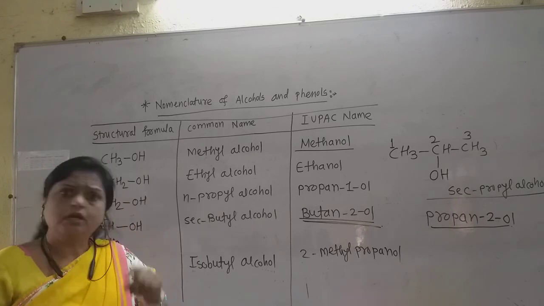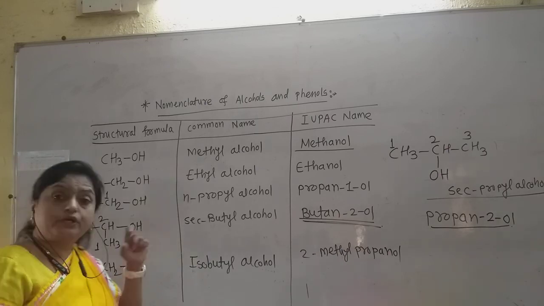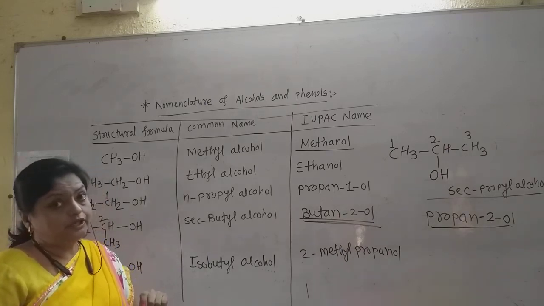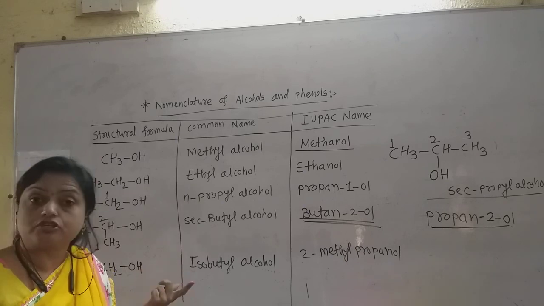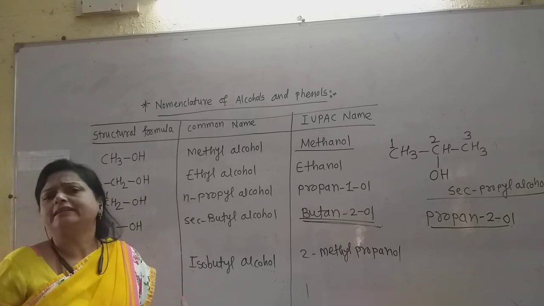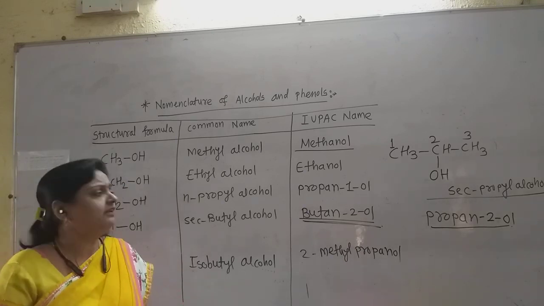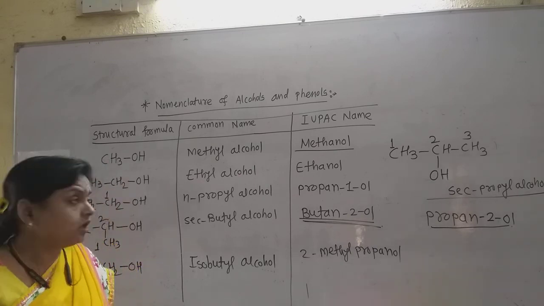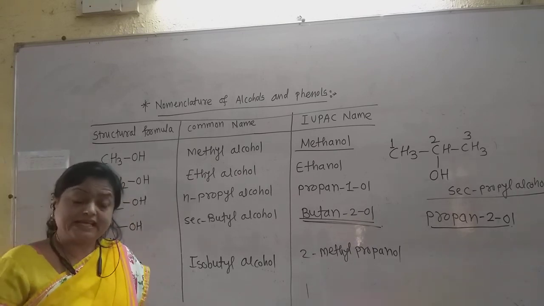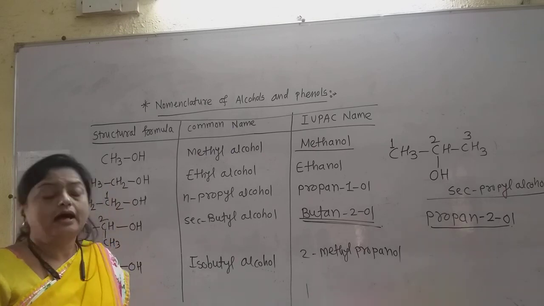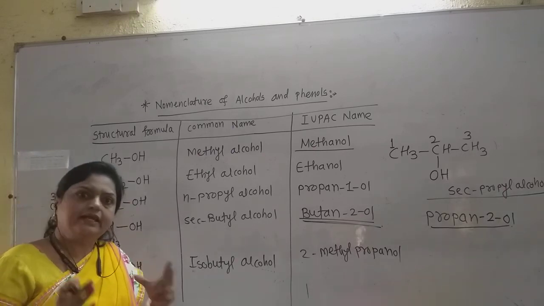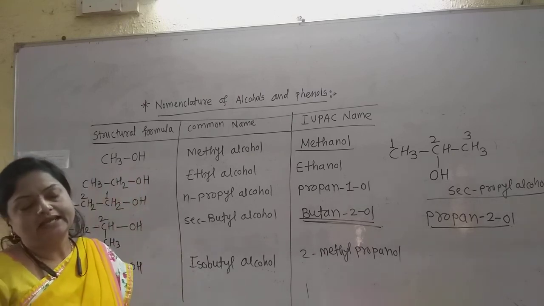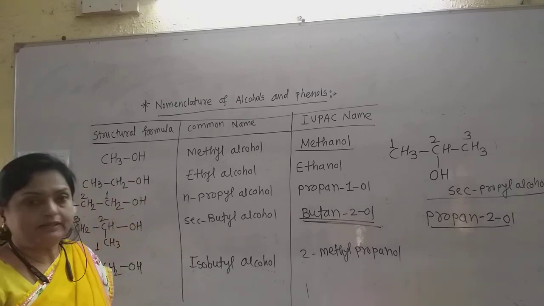So you must know the structure of butan-2-ol. If you do not know the IUPAC names and structures of the compounds, you cannot write the reactions, because reactions are very important. So the IUPAC names as well as common names are very important. So study these IUPAC name systems and common name systems carefully.